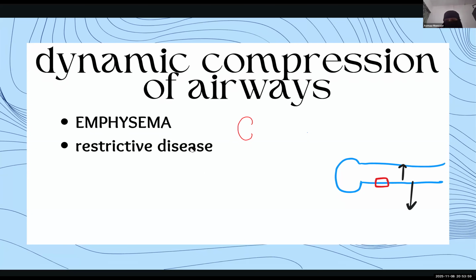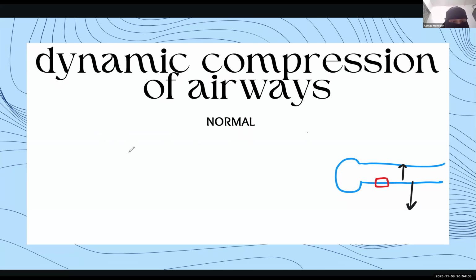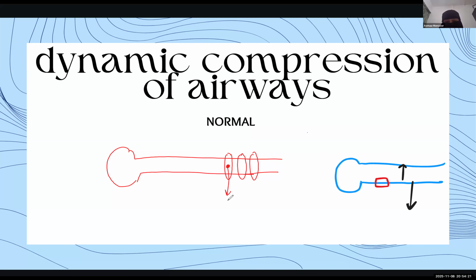Okay. In normal cases, let me explain this again. In normal cases, this is our airways. From this point you have cartilage. Normally the equal pressure point happens over here, and this is when the transmural pressure becomes zero.